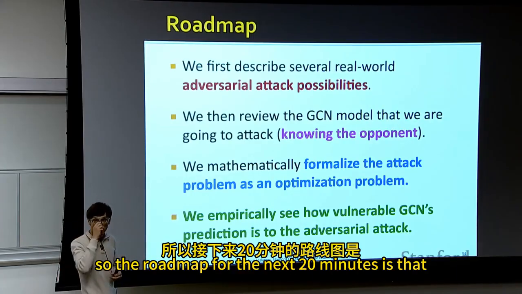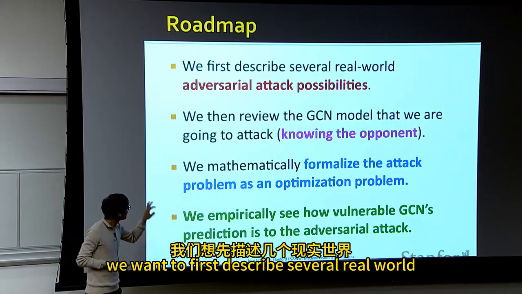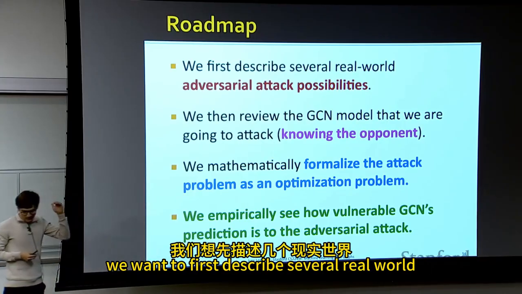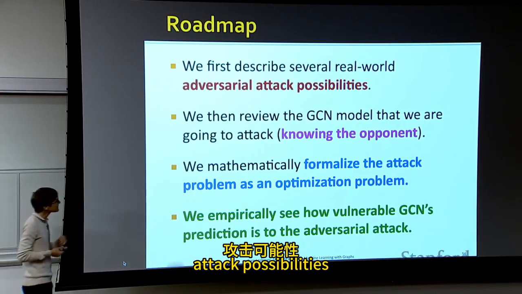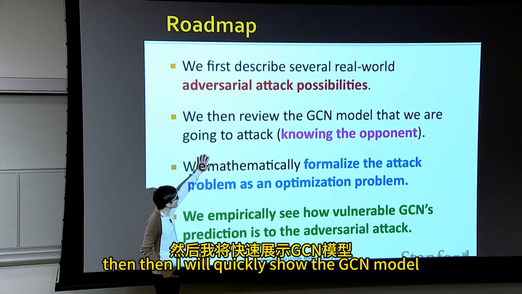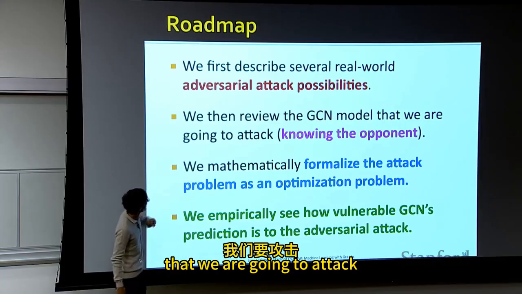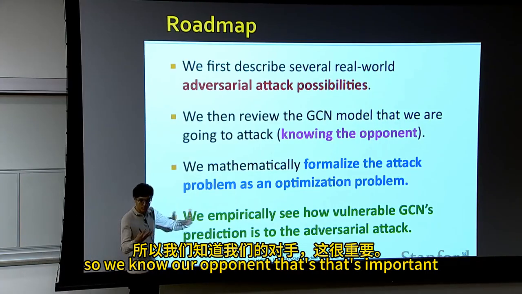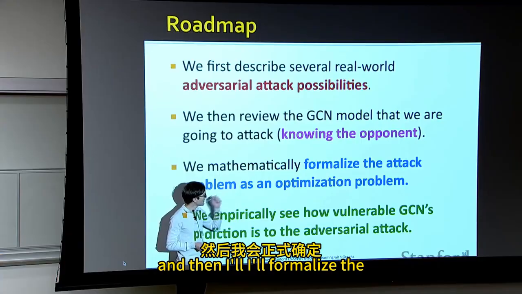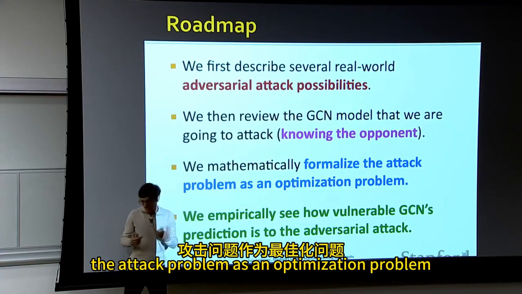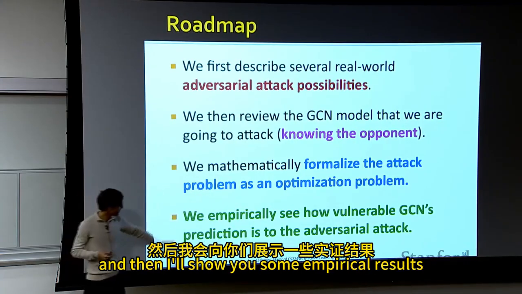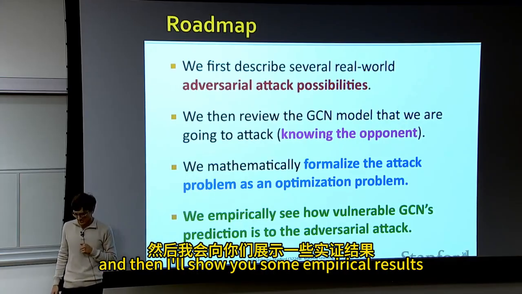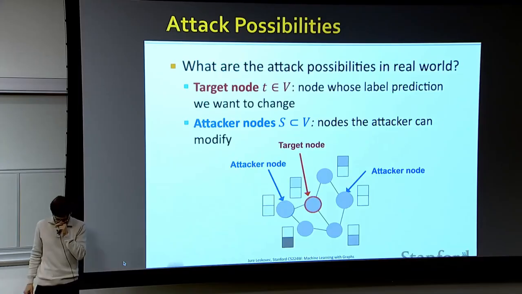So the roadmap for the next 20 minutes is that we want to first describe several real-world attack possibilities. Then I will quickly show the GCN model that we are going to attack, so we know our opponent, that's important. And then I'll formalize the attack problem as an optimization problem, and then I'll show you some empirical results. Okay, so that's the idea.